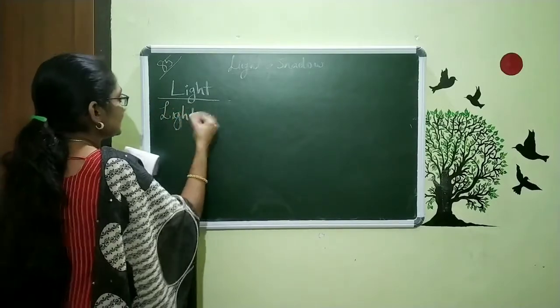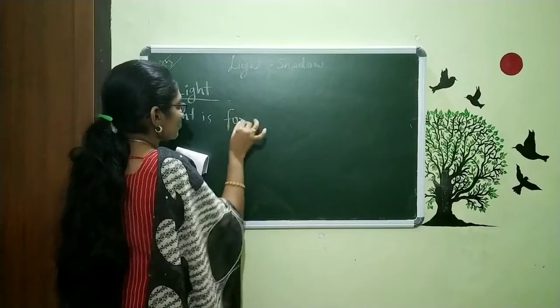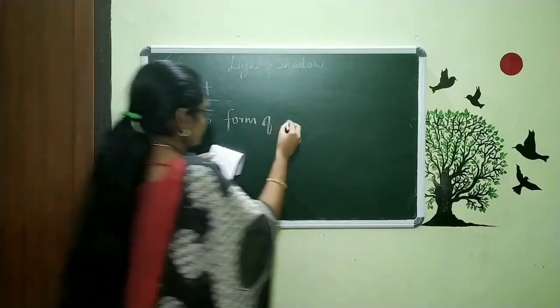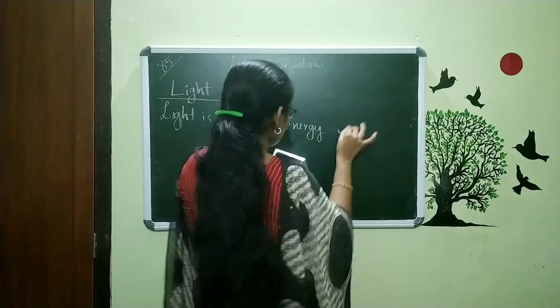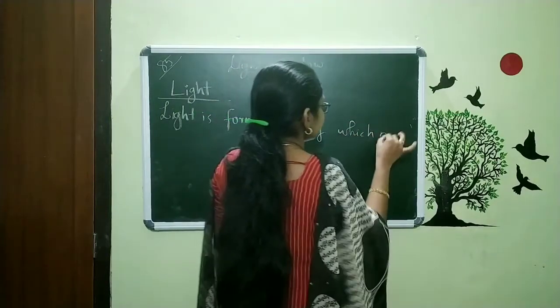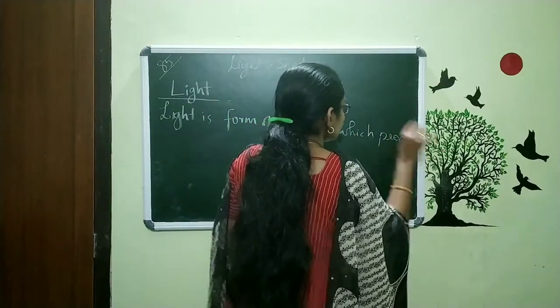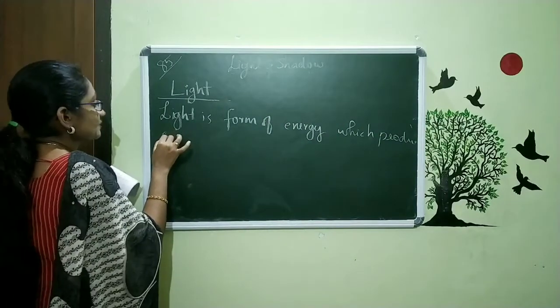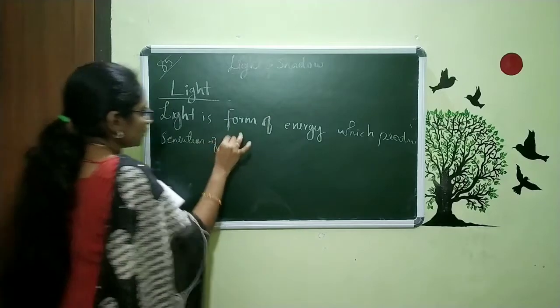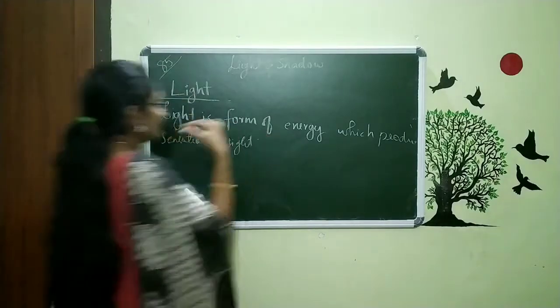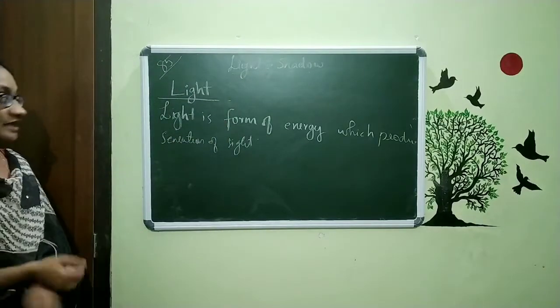Light is a form of energy which produces sensation of sight. So, this is the definition for light.